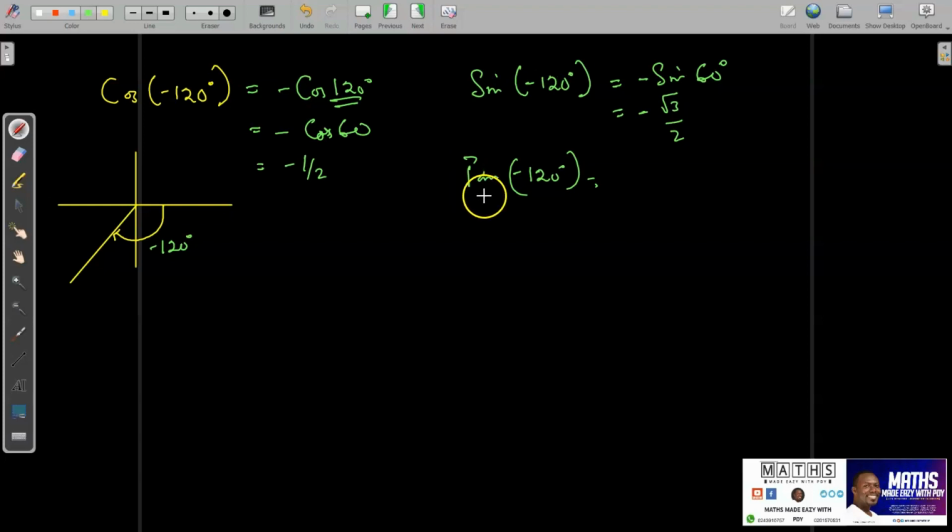So it doesn't matter that we have a negative angle. As long as the behavior of tan in the third quadrant is positive, we are expecting a positive solution. Then we ask ourselves, what special angle do we have in 120 degrees? That is 60. So tan of negative 120 degrees is positive tan of 60 degrees, and you can use your calculator to verify.